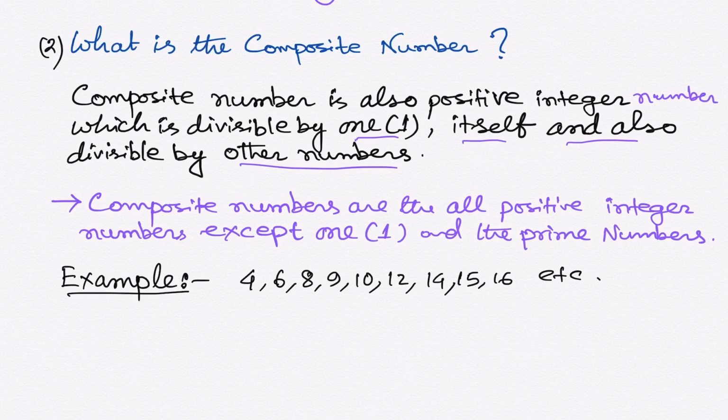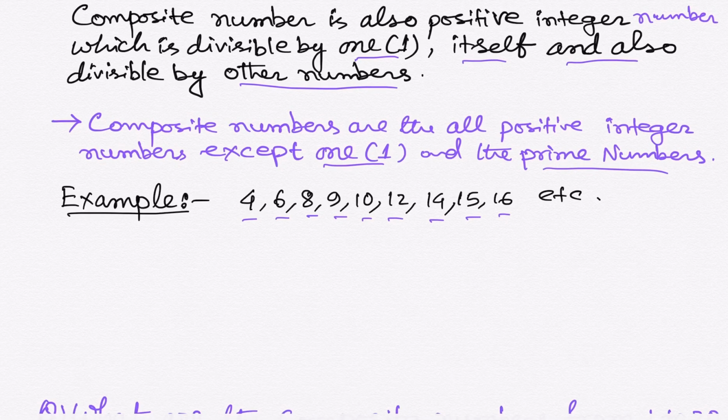The composite numbers are all the positive integers except 1 and the prime numbers. So this point is very important. The examples of composite numbers are 4, 6, 8, 9, 10, 12, 14, 15, 16, etc.